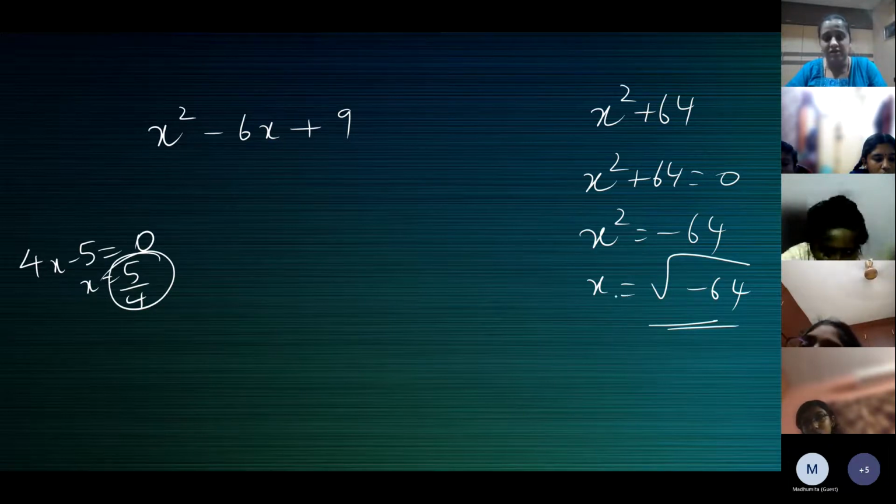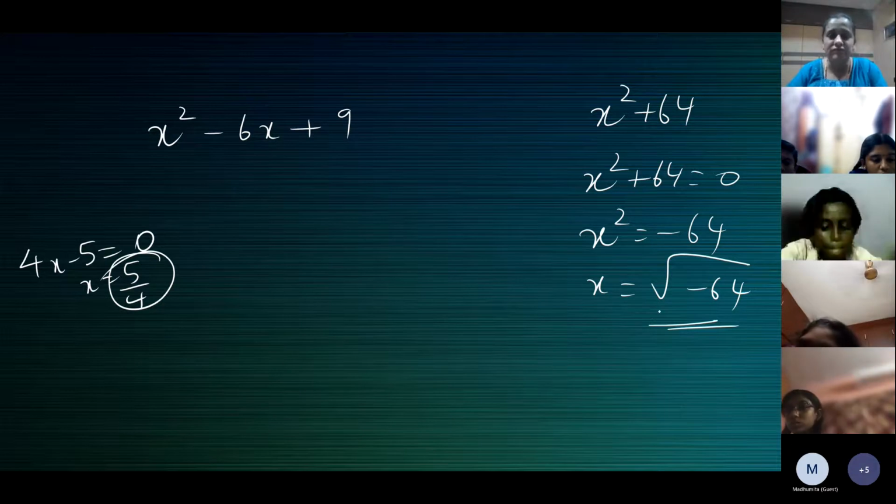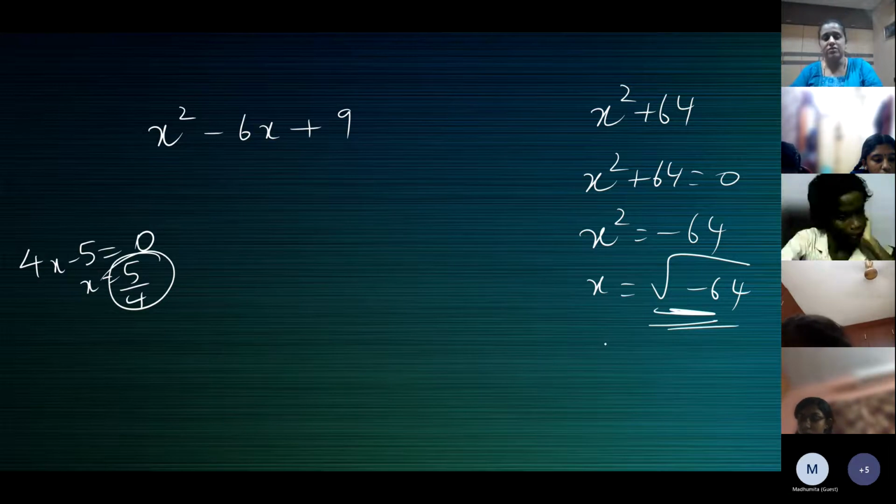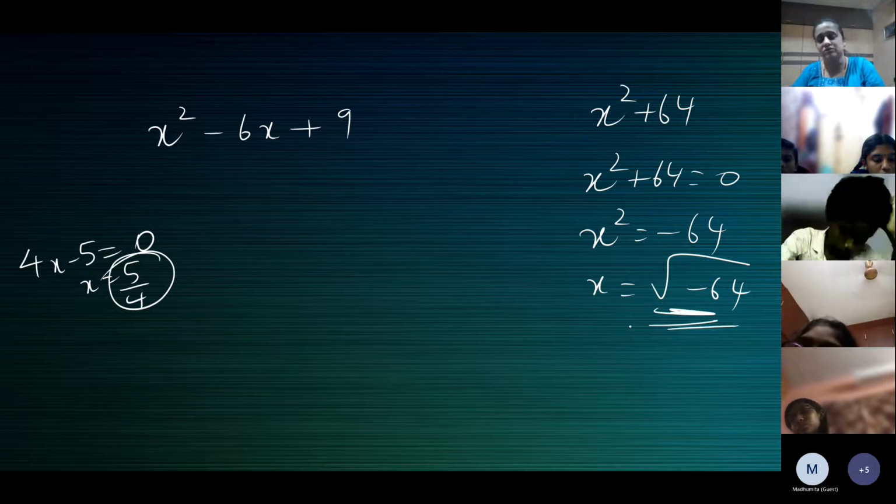We know that the square root of a negative number does not exist. There is no real value for this expression. Does not exist meaning it is not real. It's imaginary.